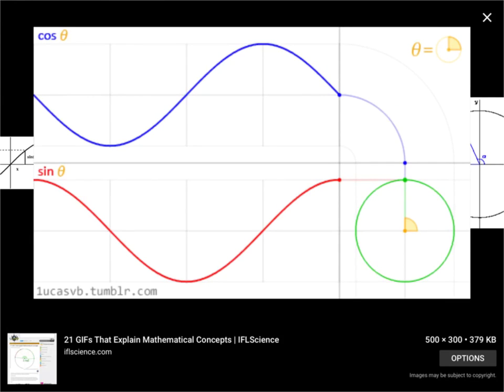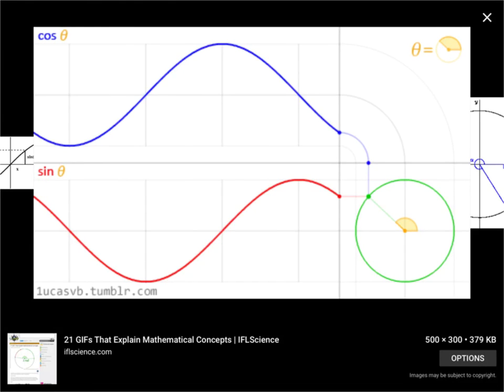Here, sine seems to peak at 1, and cosine manages to hit that 0, which makes sense since the coordinate pair for theta when it is equal to pi over 2 is 0, 1, aka our cosine or x value is 0 and our sine or y value is 1.